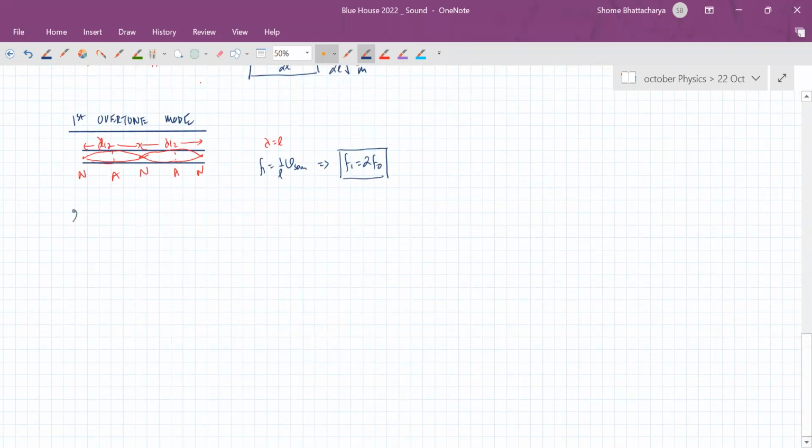So second overtone mode. There will be one more pair of node and antinode. So there will be 4 nodes and 3 antinodes in all. So now the length of the open organ pipe will accommodate 3 loops instead of 2 loops. Something like this.